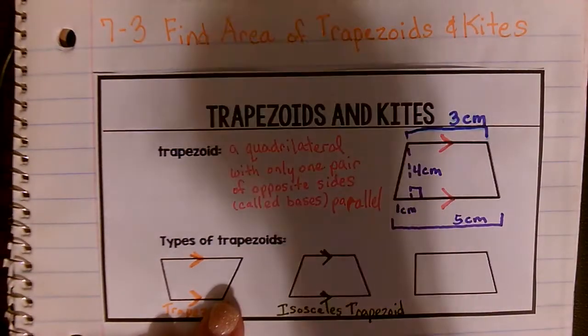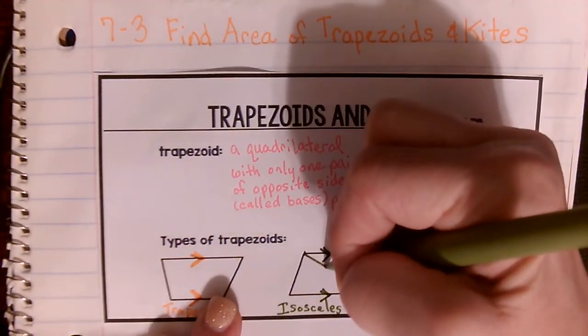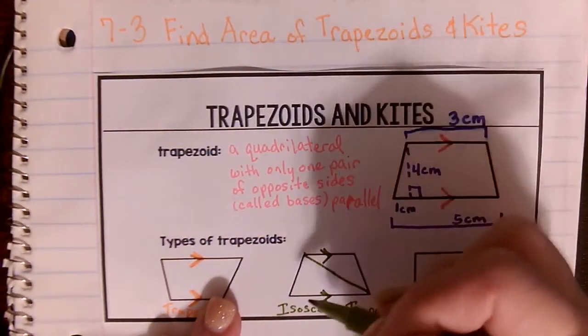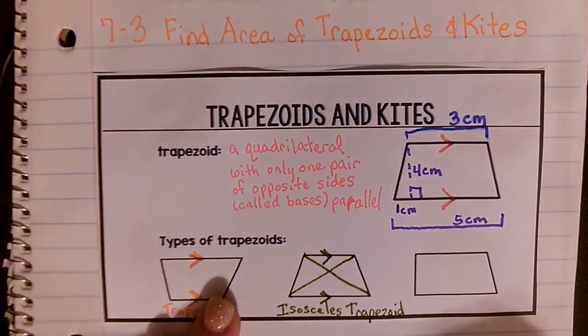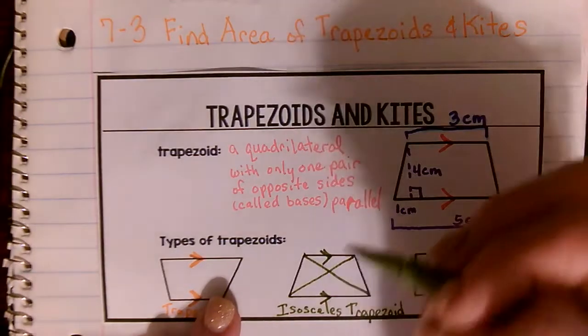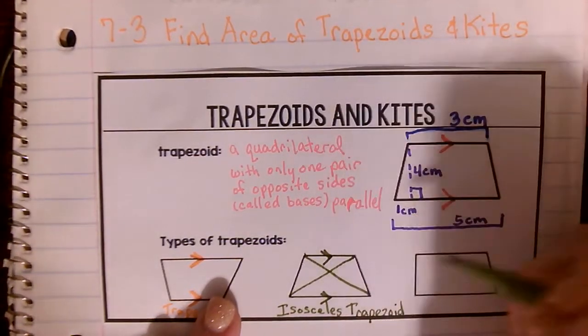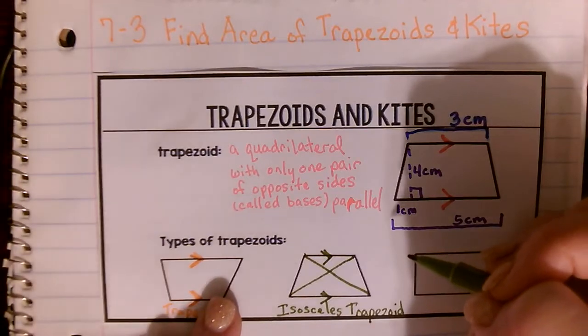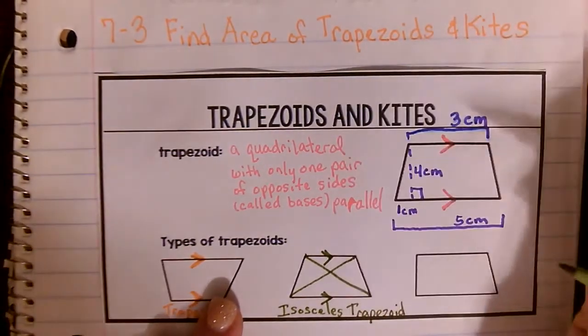Alright? And if I were to draw diagonal lines from here and from here, what happens is that we end up with these two triangles being equivalent or the same measure. Okay? And these, they're proportional but not the same.